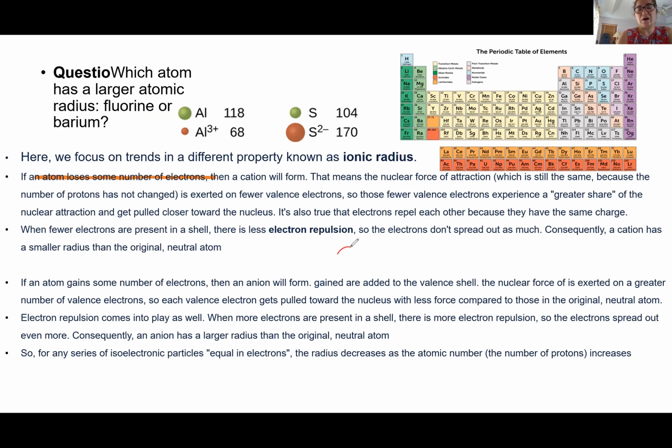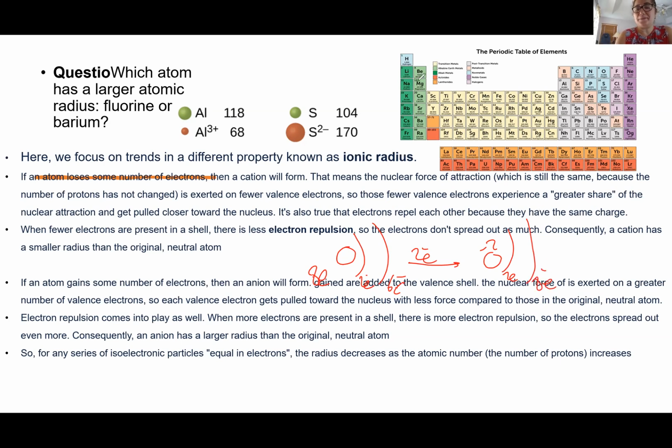If you have oxygen, with 8 electrons, 2 and then 6, and then oxide with 2 minus, after gaining 2 electrons, you have 2 and then 8 electrons.